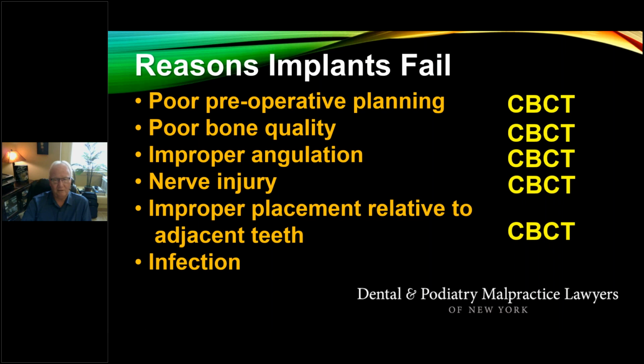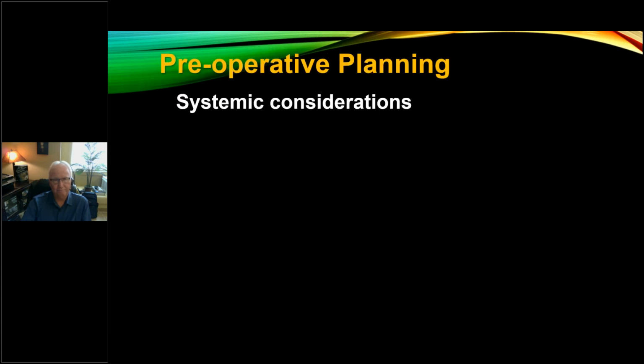Improper placement relative to adjacent teeth, where the terminus of the implant is sitting too close to the root of another tooth, you can eliminate that. Postoperative infection, sometimes that's going to occur, but if you're placing implants in a periodontally involved mouth, or someone maybe with undiagnosed type 2 diabetes mellitus, you will have cases that will get infected.